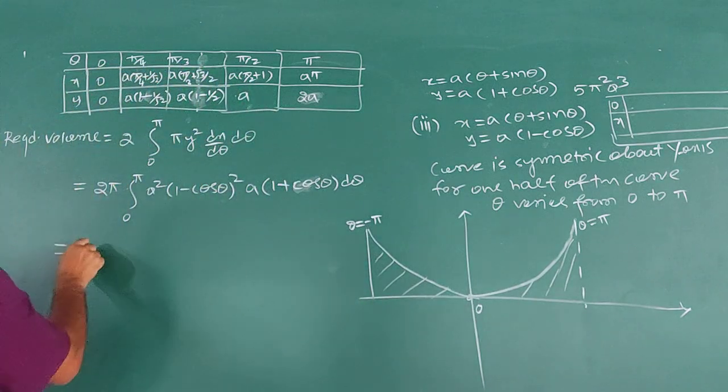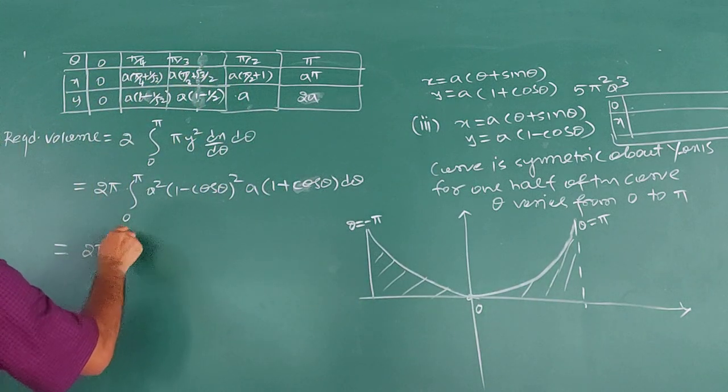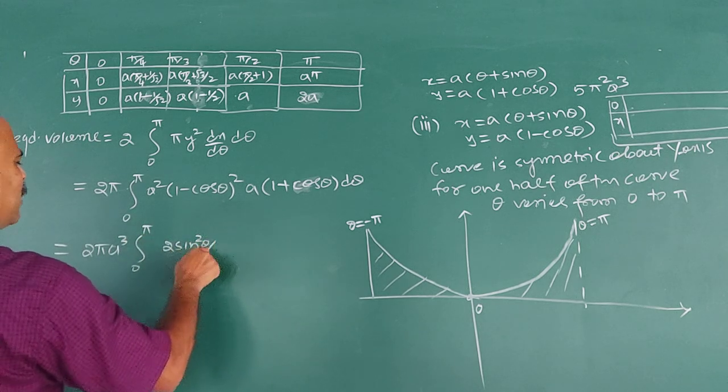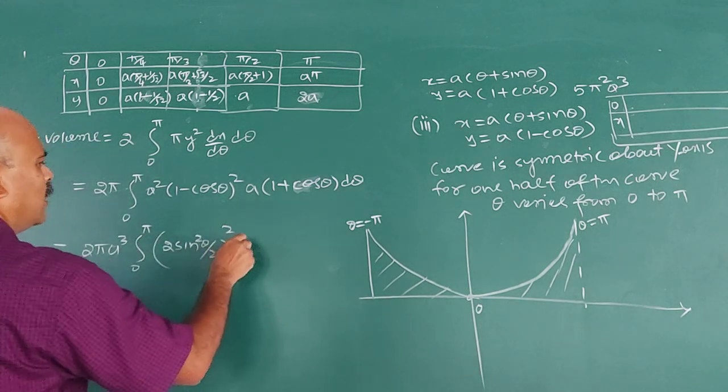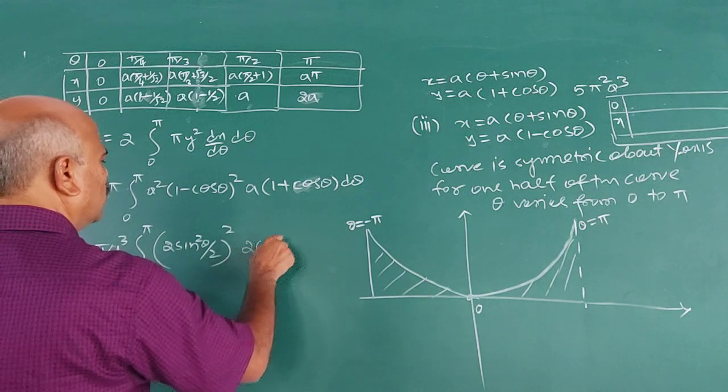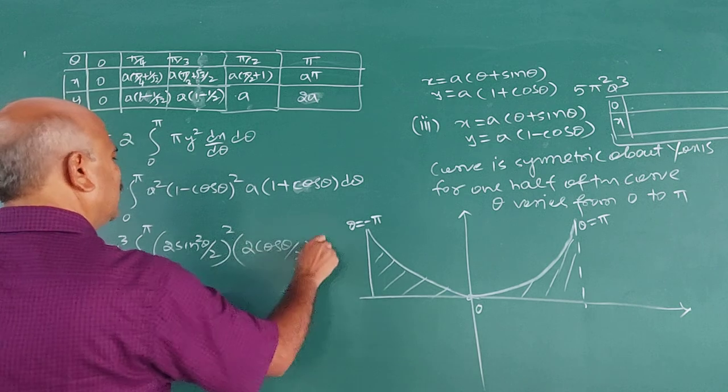Therefore, 2 pi a cube, integral 0 to pi, 2 sin square theta by 2 whole square into 2 cos theta by 2, with respect to theta.